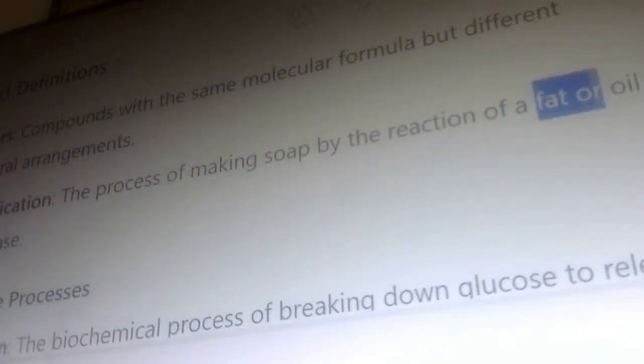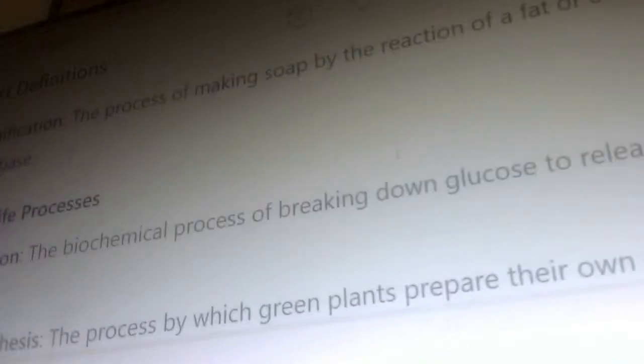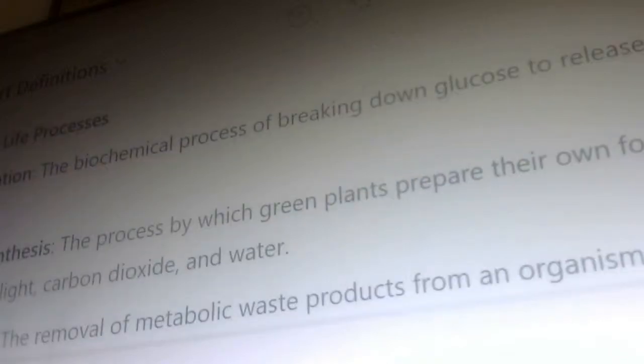Fat or oil will mostly be ester, I believe. Vanaspati ghee is from saturated fat, right?